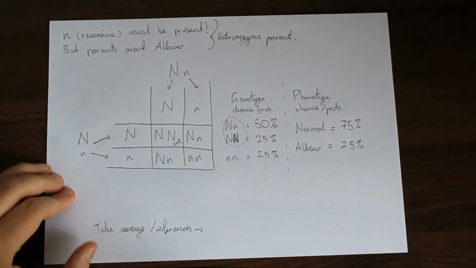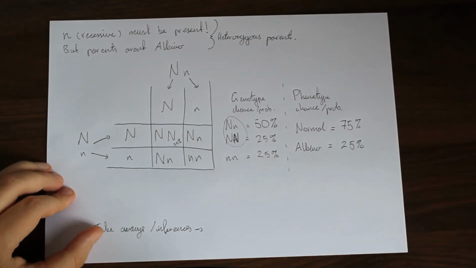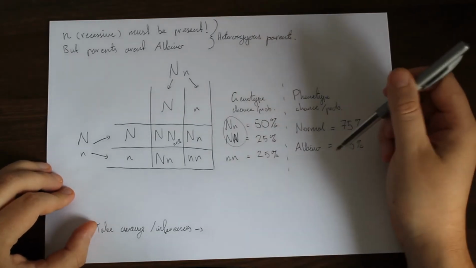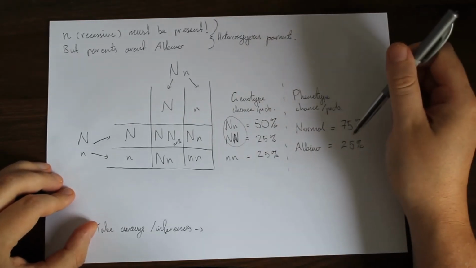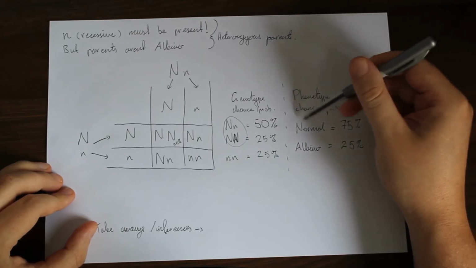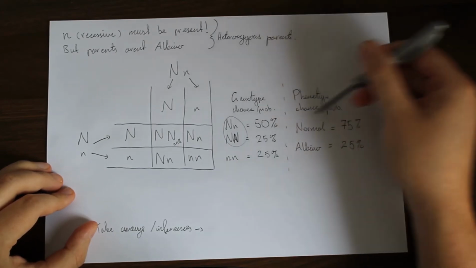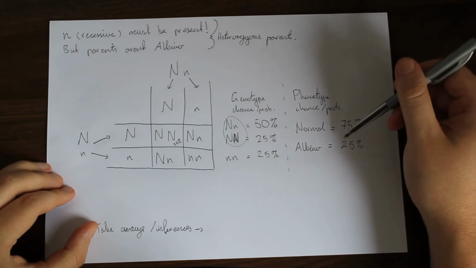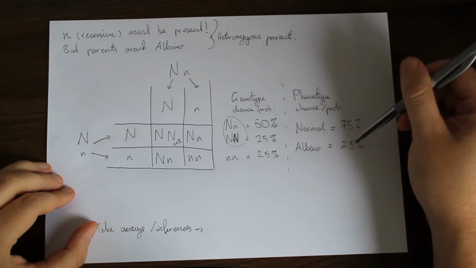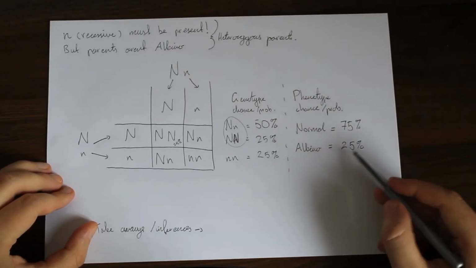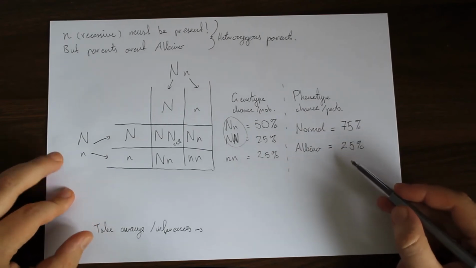Okay, so what can we actually infer? We can infer that there is a 75% chance of the organisms having normal or non-albino phenotypes. Okay, and a 25% chance, if albinism is recessive, that they'll be albino.